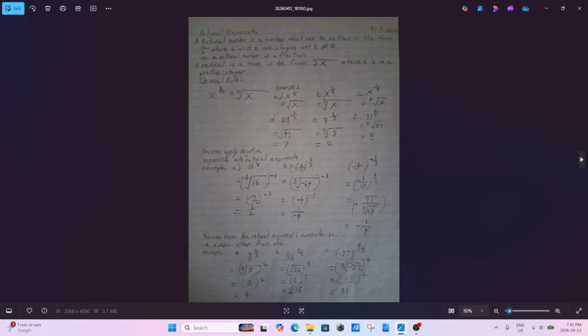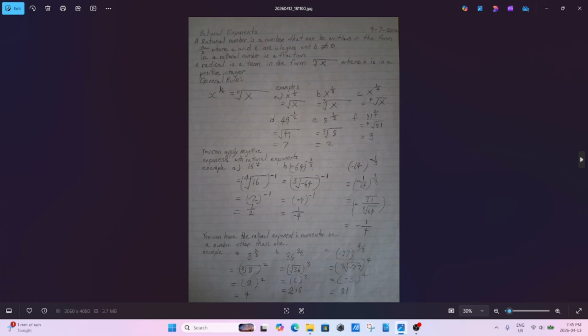You can have the rational exponent's numerator be a number other than 1. So for example, 8 to 2/3 is just equal to the third root of 8 to the exponent 2, which is equal to 2 squared, which is equal to 4.